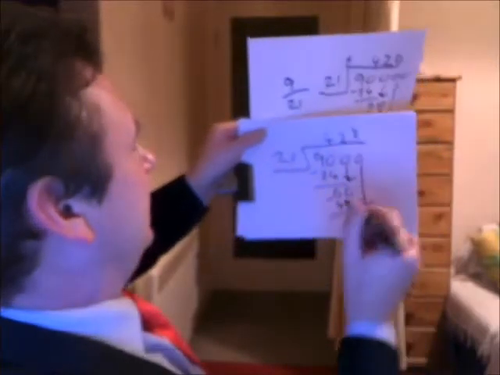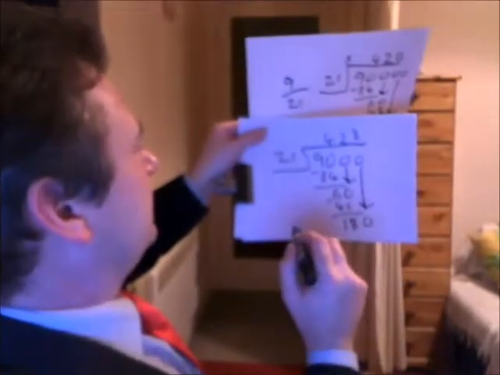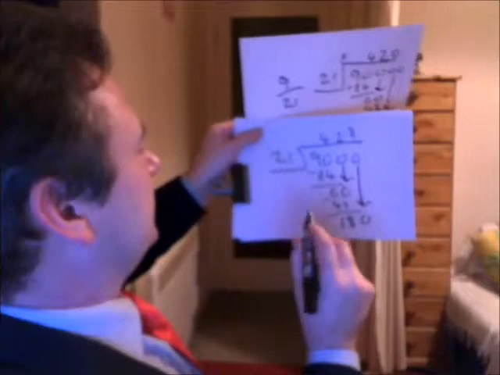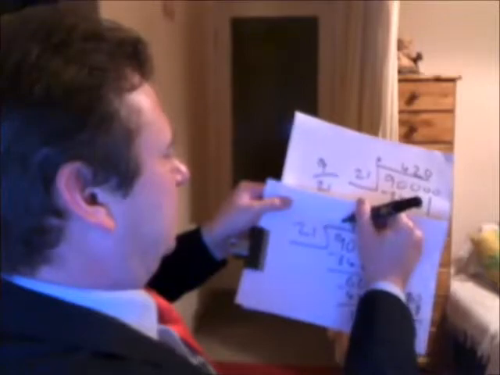All right. 8 times 20 is 168, isn't it? So then it's 180 minus 168, and that is going to leave you with 12. And then it's just a case of going on and on.